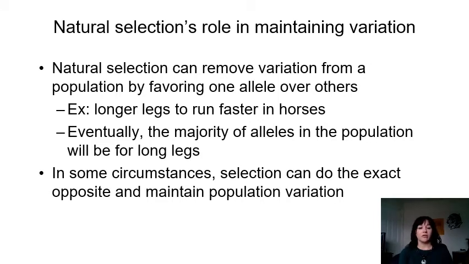So again, normally we think of natural selection as removing variation because it's favoring one trait over others. For example, in horses, we talked about in the evolution of horse species that originally the horses lived in very forested environments, and then over time, due to climate change, these environments switched to grasslands.